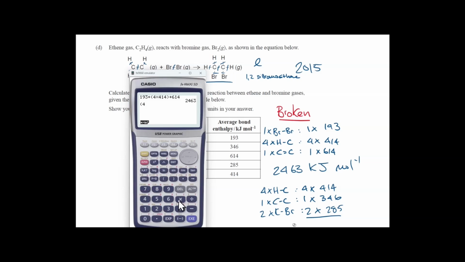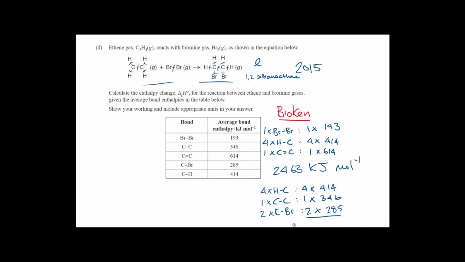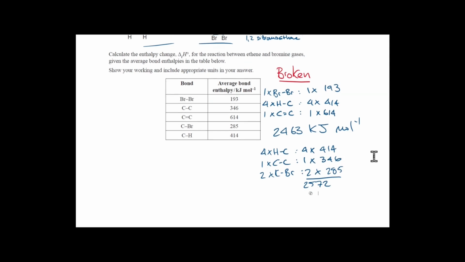So 4 times 414 plus 346 plus 2 times 285, and we get 2,572. Okay, is this going to be endothermic or exothermic?